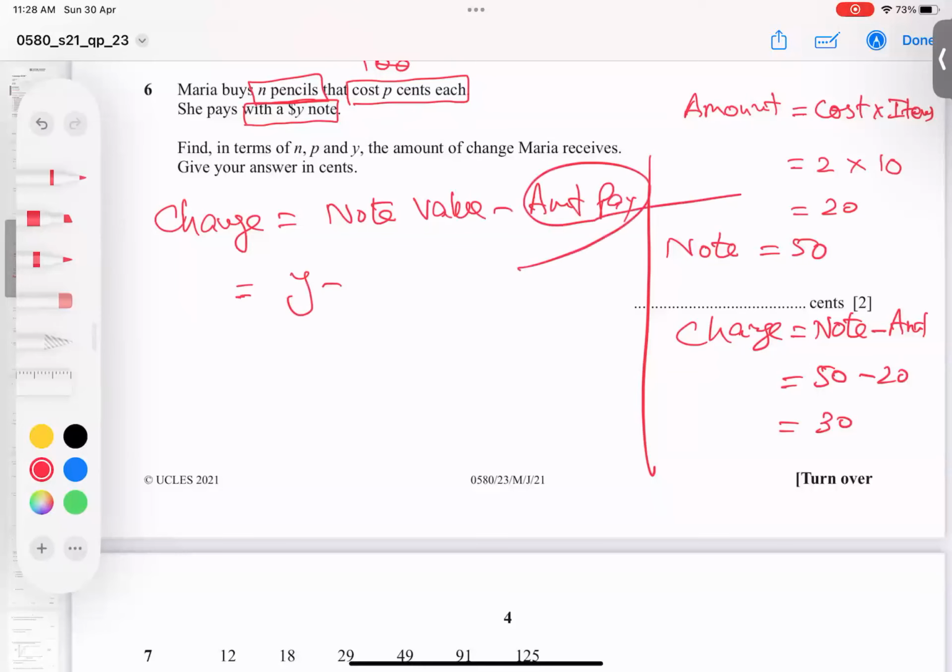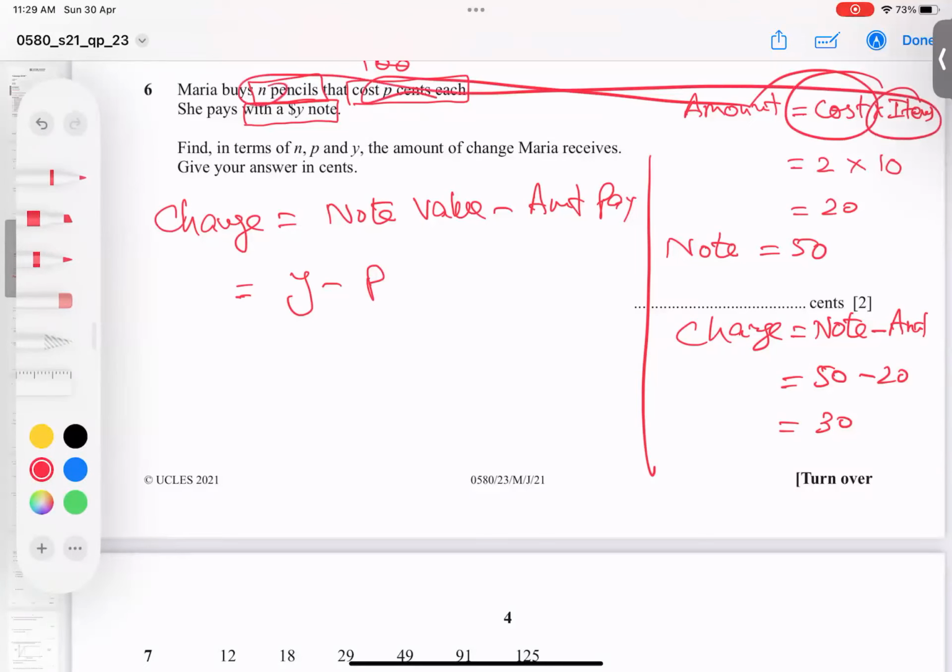Amount payment is the formula cost into items. Cost is P cents and pencils are N. So cost is P, and number of items is N pencils. So I can say NP or PN, same thing.